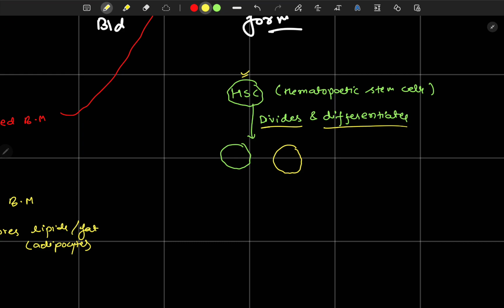So we have to maintain this reserve of hematopoietic stem cells. When there is division of these cells, one cell retains its originality, that is, one cell remains as HSC. The other cell will get differentiated.